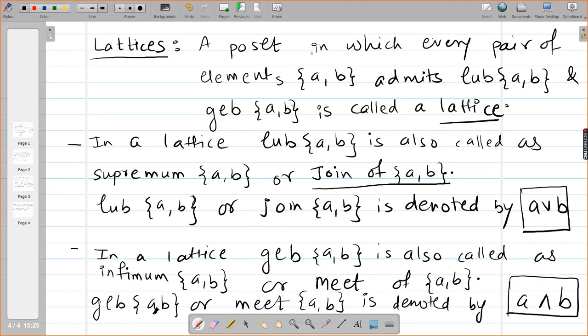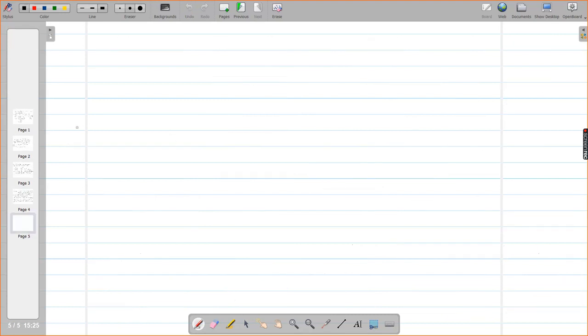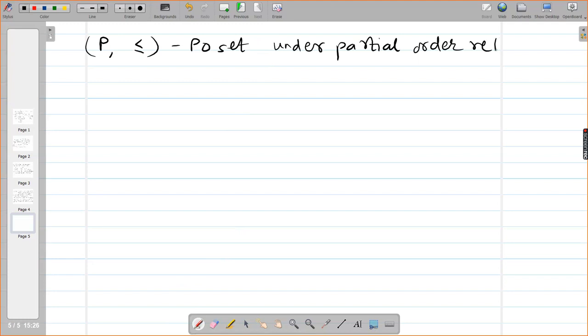Now we will see how a lattice is denoted. You remember, this is the notation of a poset: a poset under partial order relation less equal.